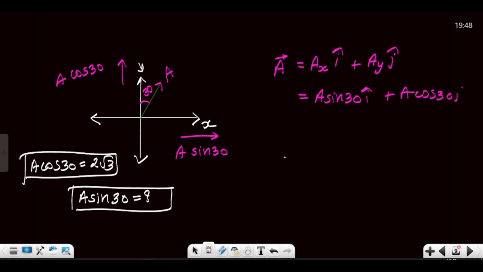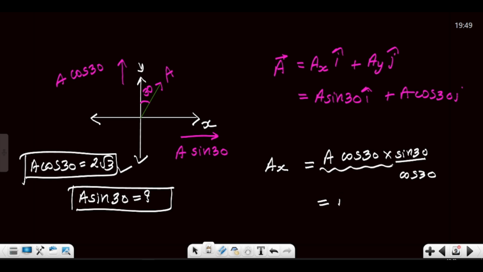So what I want is a sin 30, but I know a cos 30. So a cos 30 into sin 30 by cos 30 is equal to ax.